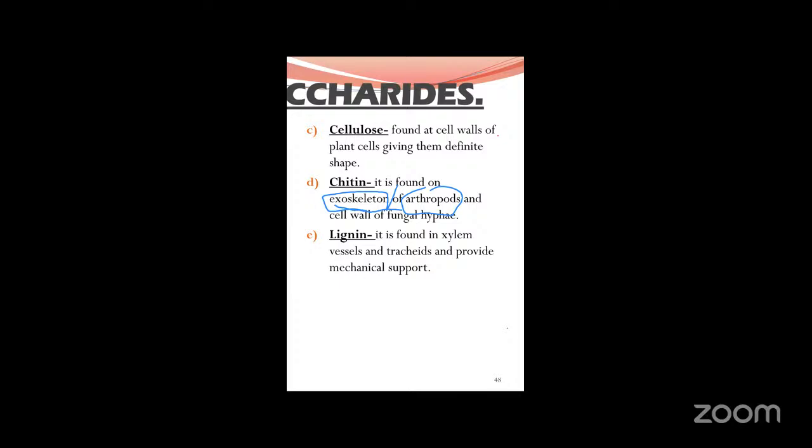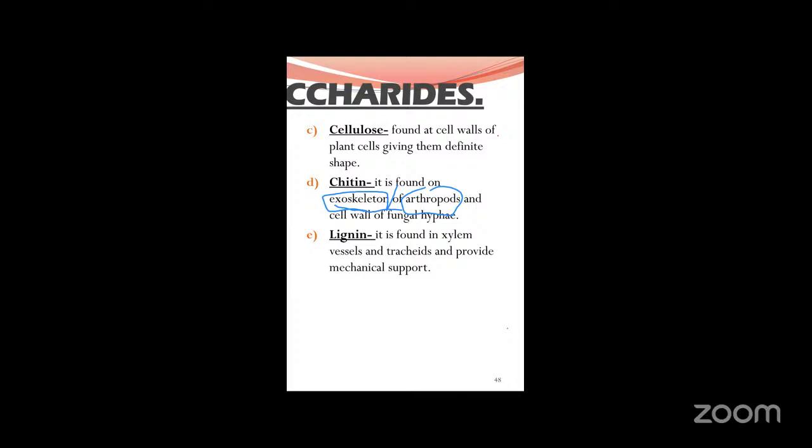The way you touch your body and find that you have soft skin, the external structure of a cockroach, a locust, a grasshopper, a crab or a lobster is very, very hard. The reason why they are hard is because they are made of an external polysaccharide known as chitin. So an exoskeleton is a skeleton that is found on the outside of the organism.